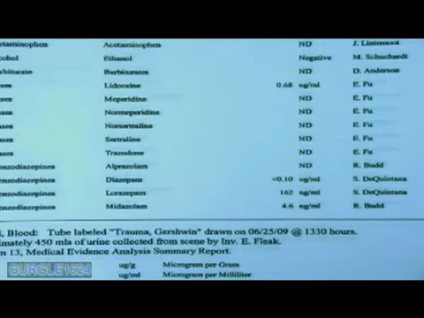Specifically, we looked for meperidine, which is Demerol. We looked for normeperidine, which is a Demerol metabolite. The next 2 lines. All right, let me stop you there.